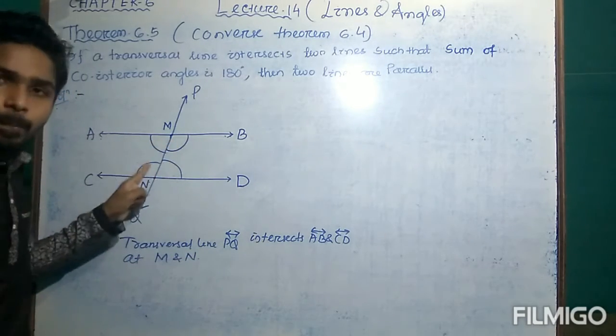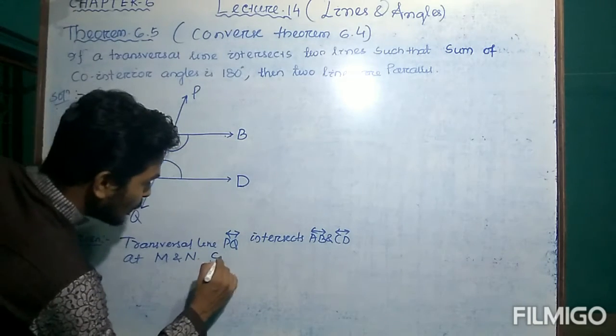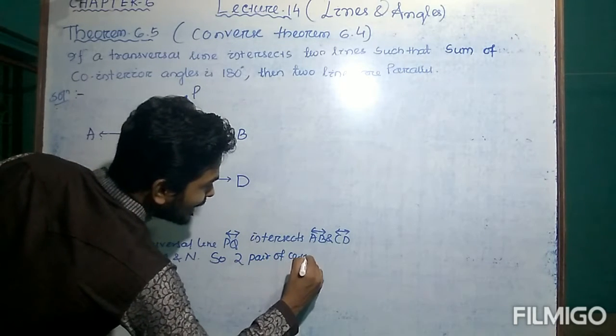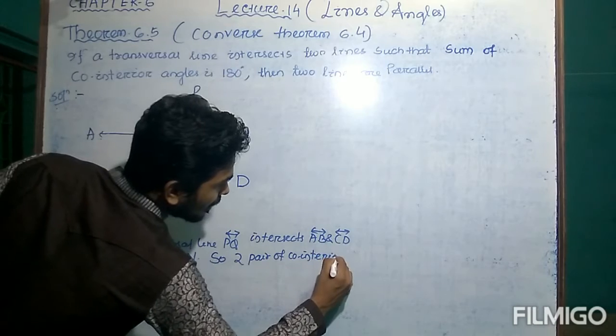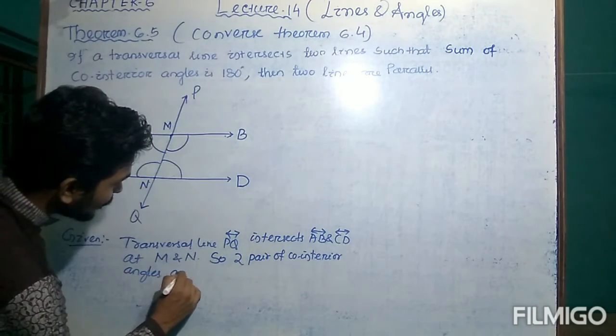So we have two pairs of co-interior angles formed. So two pairs of co-interior angles are formed.